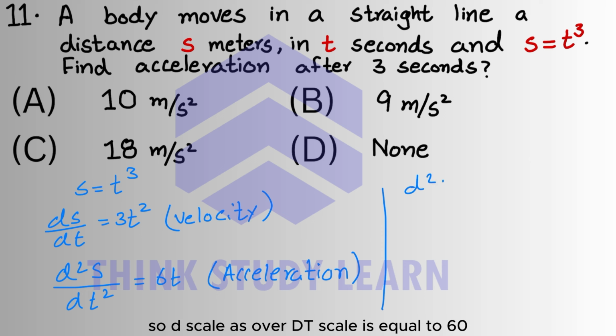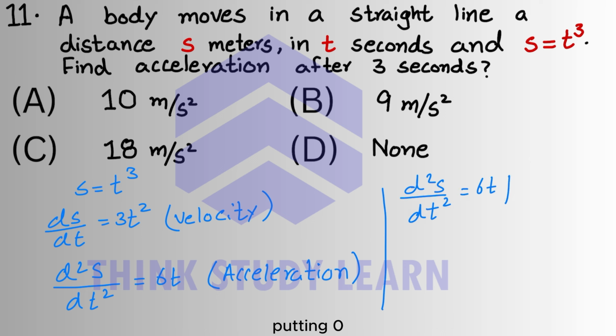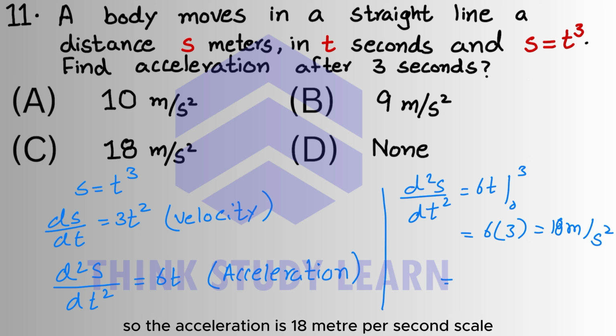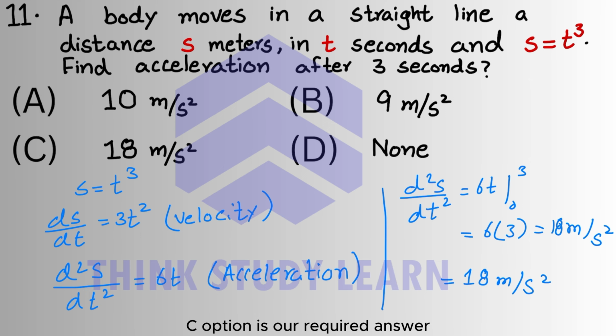So d square s over dt square is equal to 6t. Putting t as 3, 6 into 3 gives us 18 meter per second square acceleration. So the acceleration is 18 meter per second square. C option is the required answer.